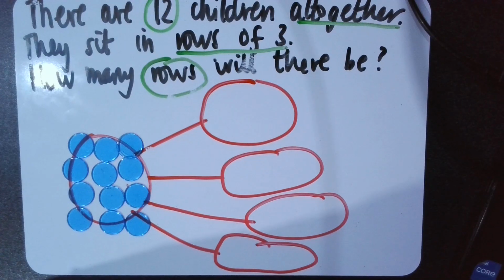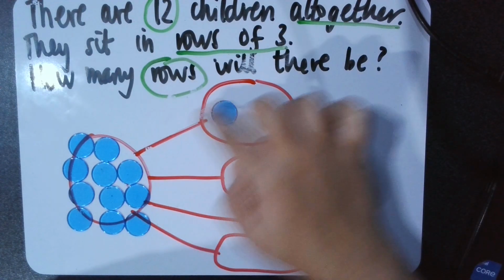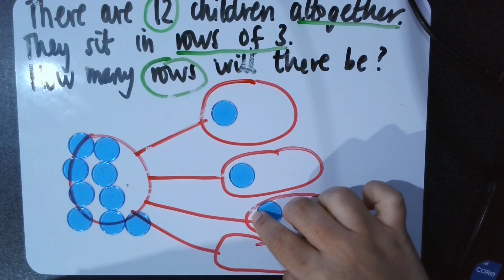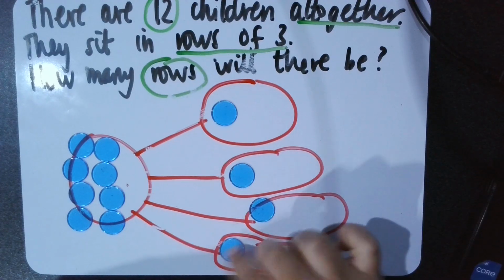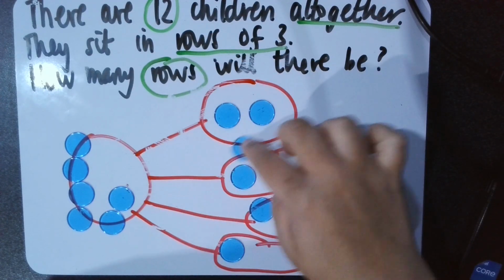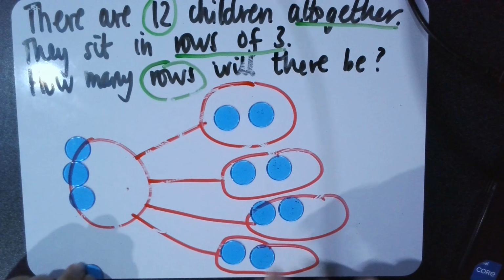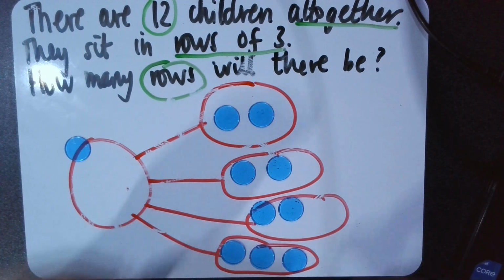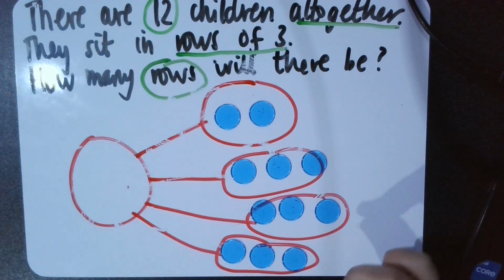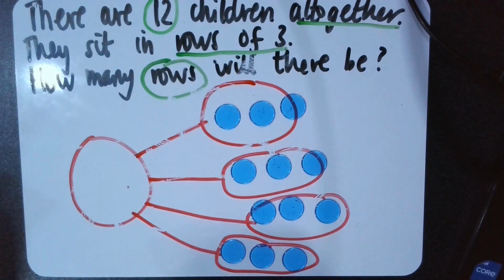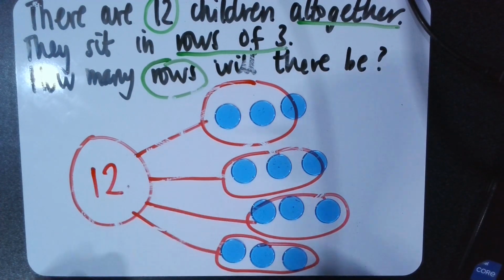Just to check that I've done it correctly, 1, 2, 3, 4. My whole is 12, and there are 3 in each group. Yes, I've done it correctly.